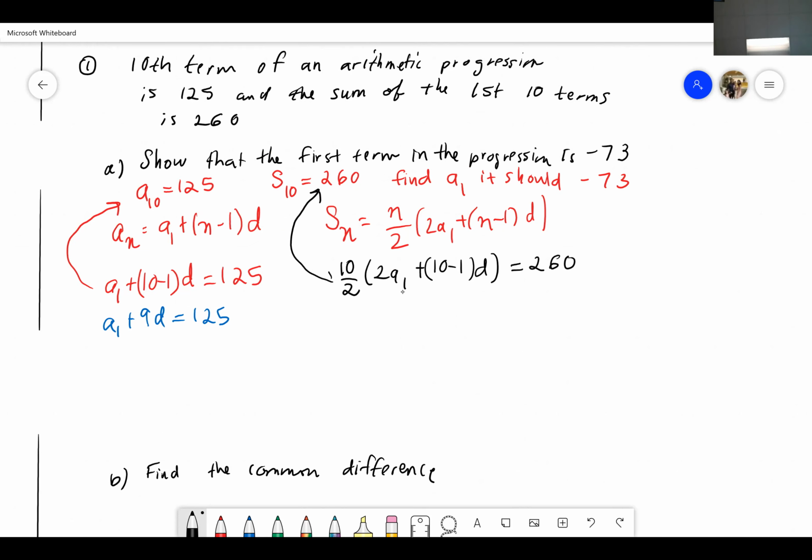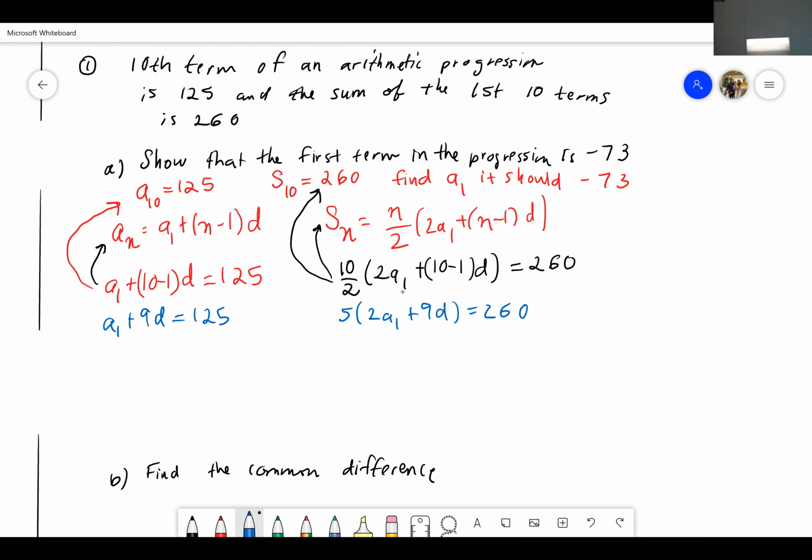We're using that, right? That's what we're doing. So I'm going to simplify that to make it look pretty. It's going to take multiple steps, but this is 5 times twice a_1 plus 9d equals 260.